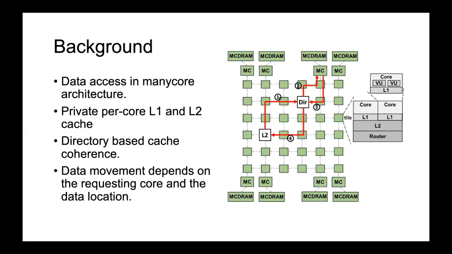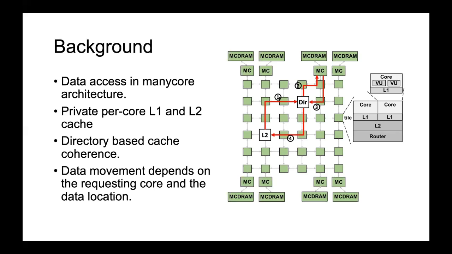So coming to the background. First, let's see the typical high-level view of the many core systems. In this paper, we target Xeon Phi type of many core coprocessors. In these systems, the cores are connected through a scalable on-chip network, and in this example it is a mesh.